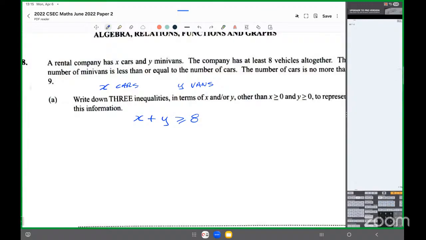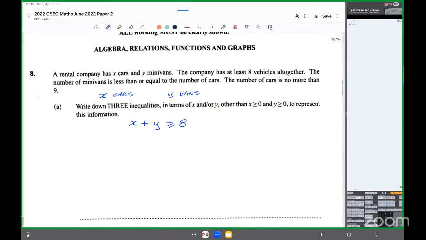Next part says the number of minivans, which is Y, must be less than or equal to the number of cars. Second inequality, the number of minivans, which is Y, must be less than or equal to the number of cars, which is X. That's the second inequality right here. Next one says the number of cars must be no more than 9.